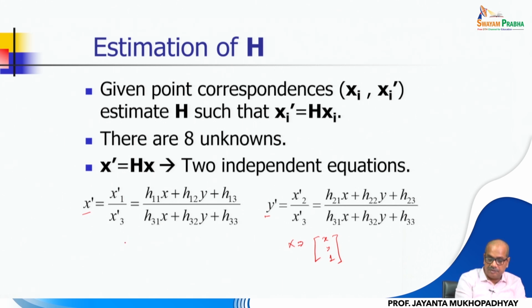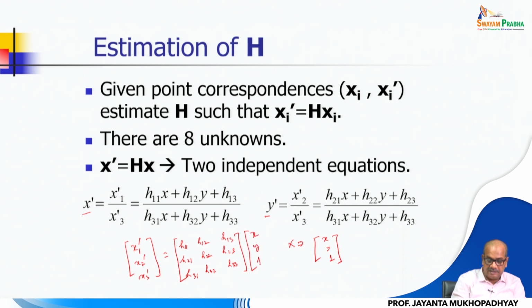So if I show you what you are getting: x1 prime, x2 prime, x3 prime equals the elements h11, h12, h13, h21, h22, h23, h31, h32, h33, multiplied with the point in the original space, which I am expressing in terms of x, y, 1, because this is the observation.